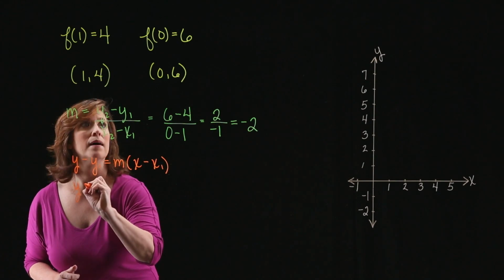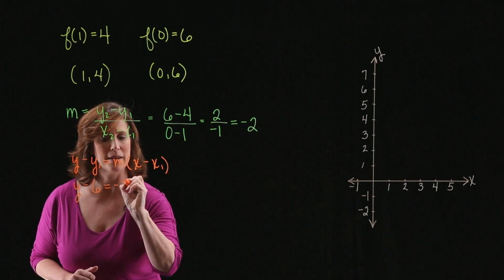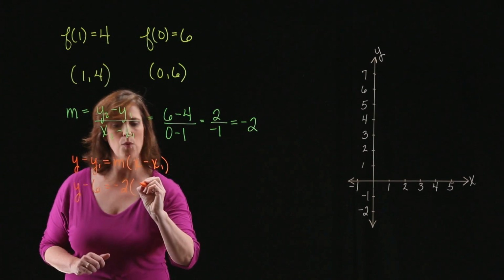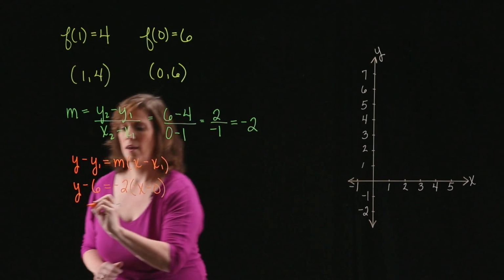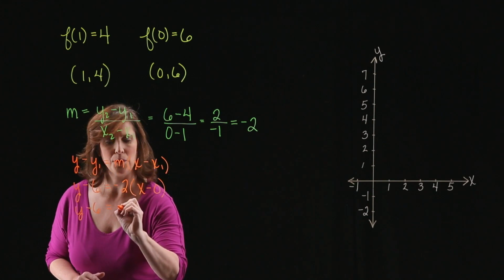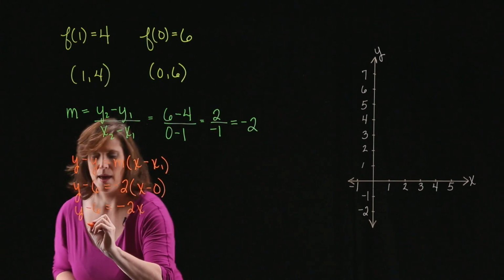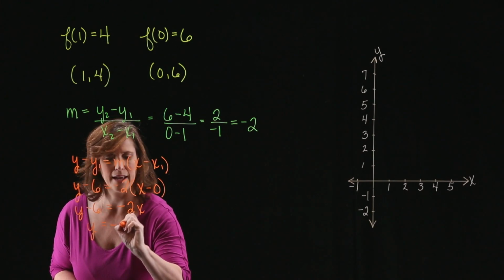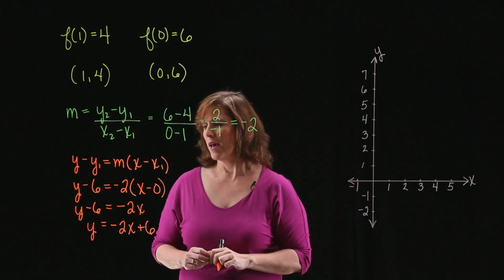So I have y minus 6 equals my slope, which I've already calculated to be negative 2, times the quantity x minus 0. So y minus 6, distributing the negative 2, will be negative 2x plus 0. And y equals negative 2x plus 6.